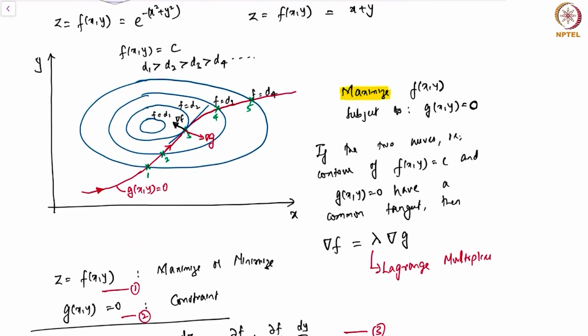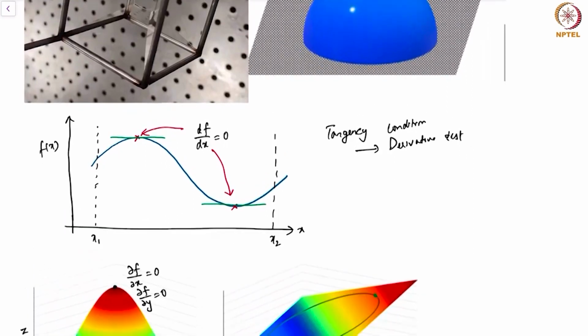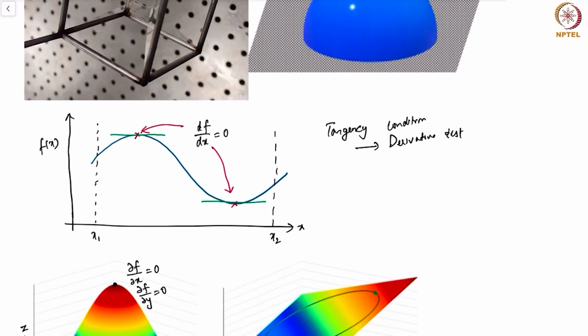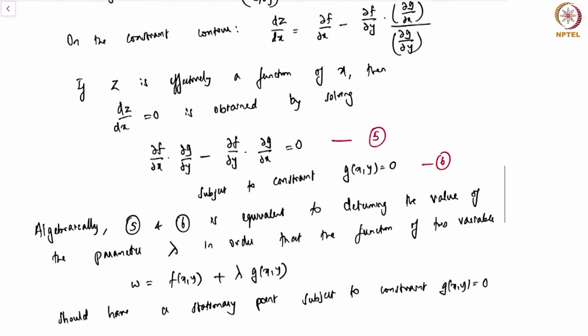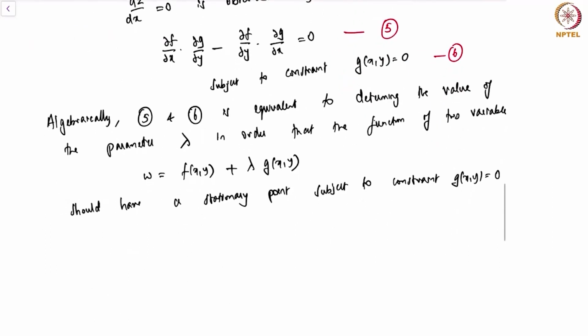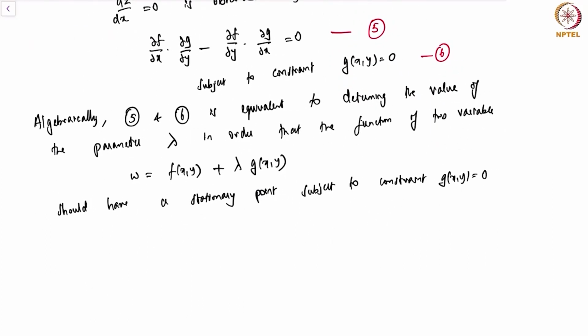The tangency condition is exactly like what we had seen in the earlier case. When the derivatives go to 0, then you have ensured a maxima or a minima, correct? In the same way, instead of just saying the derivatives are going to 0, the relationship between the derivatives in a specific form, that is equation 5, goes to 0.